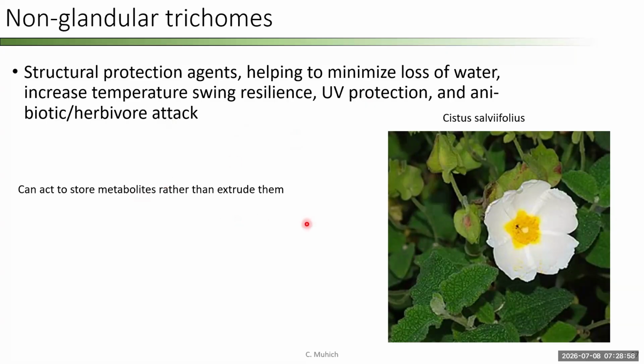So unlike our glandular trichomes, these are not going to produce those chemical agents, but they can store some. And so here you can see in Cistus salvifolius, if you look closely, there's trichomes on these leaves here.